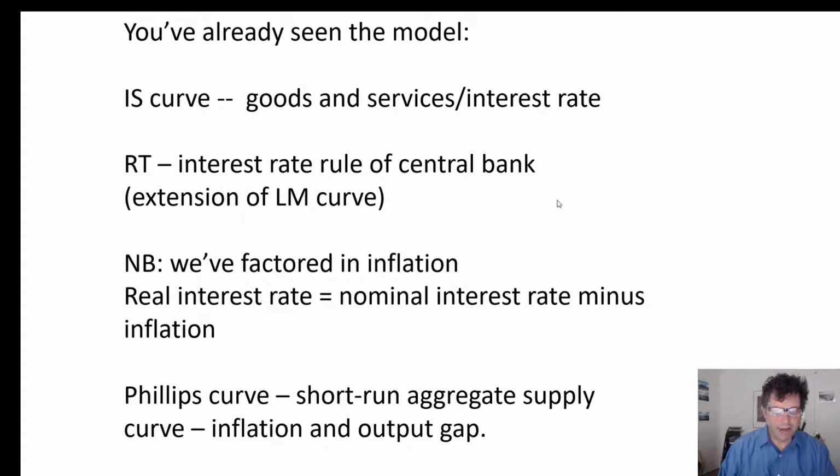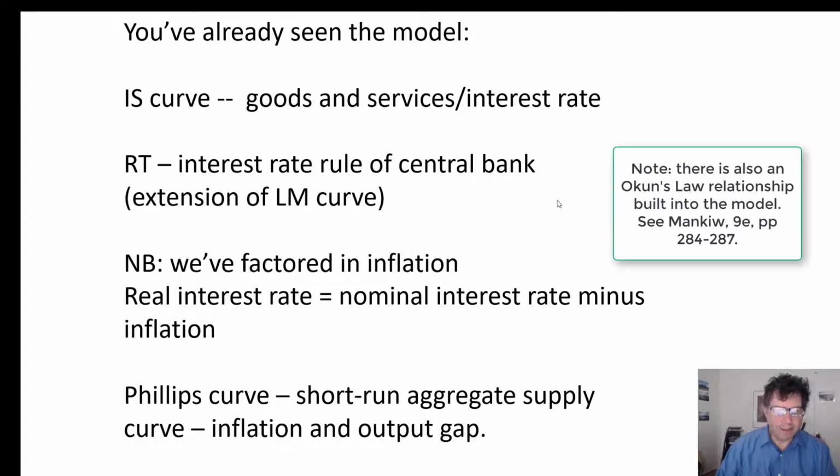Okay, so you've seen much of it already. It's going to have an IS curve, goods and services. They will have an interest rate rule. We'll call that the real Taylor rule, and we've already discussed and given you some materials where we're arguing that it's really just an extension, a little twist on the LM curve, and most people get that, but we have some materials if you need some extra backup on that.